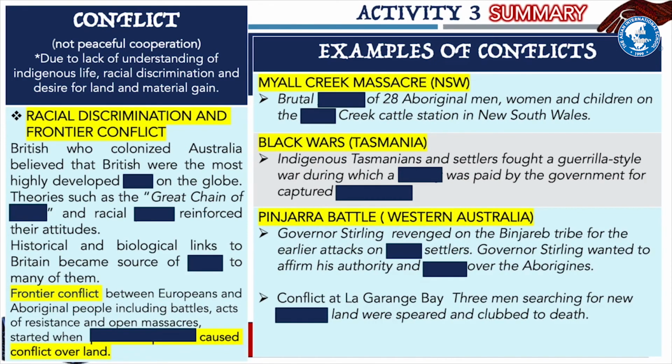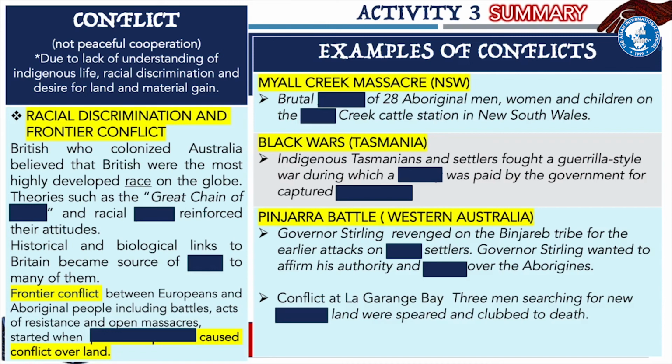Okay, let's do this together. Conflict. Okay, it means not peaceful cooperation due to lack of understanding of indigenous life, racial discrimination, and desire for land and material gain. So racial discrimination and frontier conflict. British who colonized Australia believed that British were the most highly developed race on the globe.